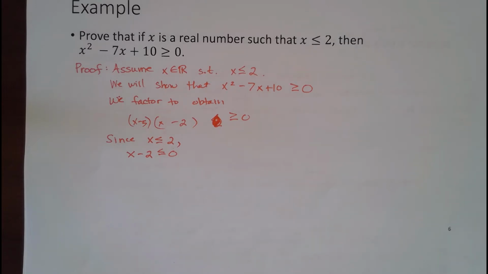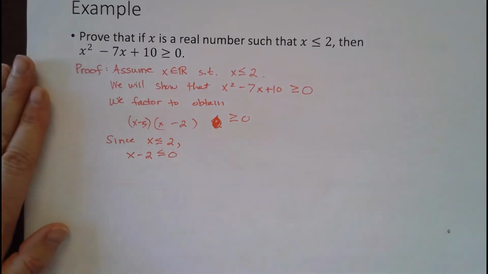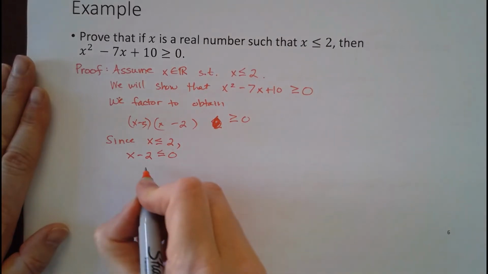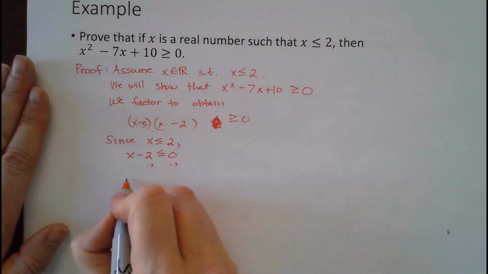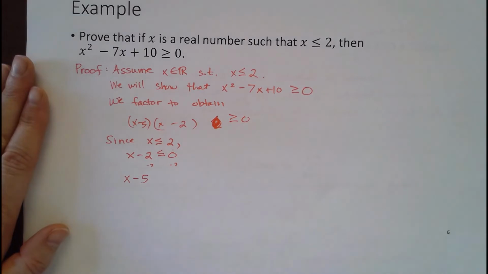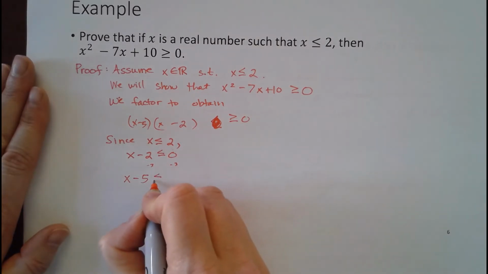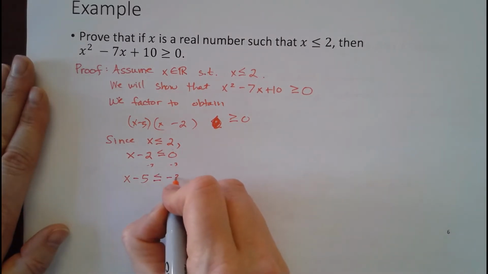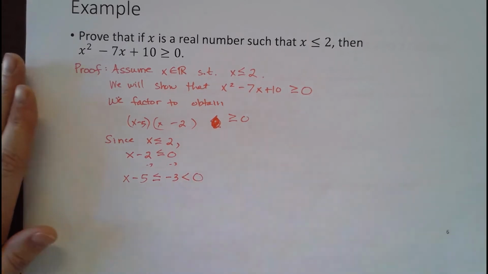Okay, what about this x minus 5? I mean, from this, if I subtracted 3 from this side and subtracted 3 from this side, x minus 5 is less than or equal to negative 3, and negative 3 is less than 0, right?